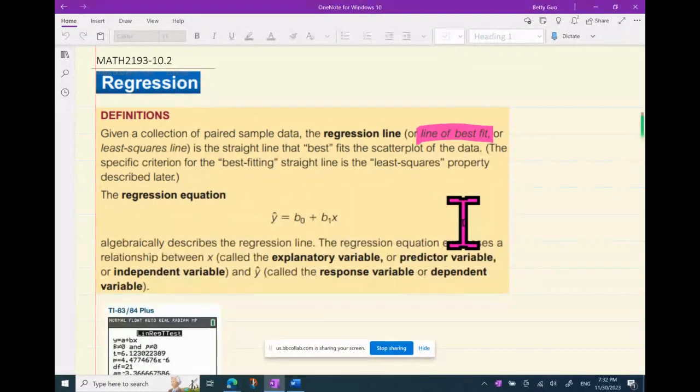Point, line, plane. Equation is an algebraic concept. So here, the regression equation is the equation that corresponds to the regression line. They are actually the same thing, just named differently from different perspectives. This equation is the regression line.